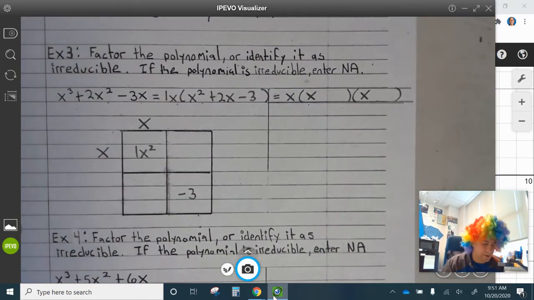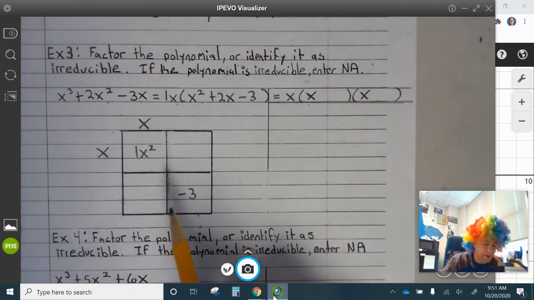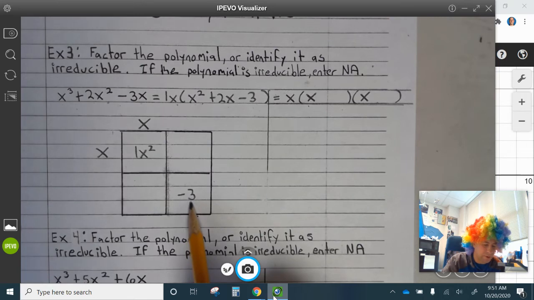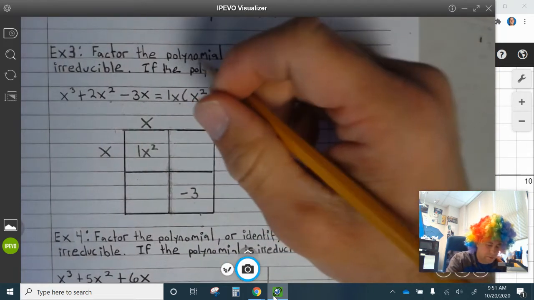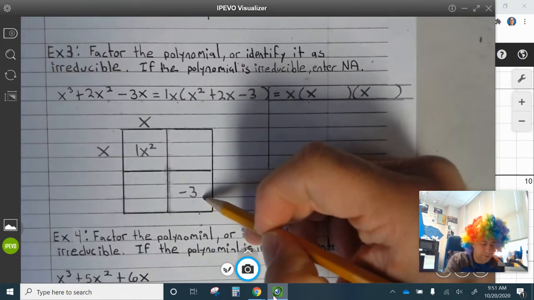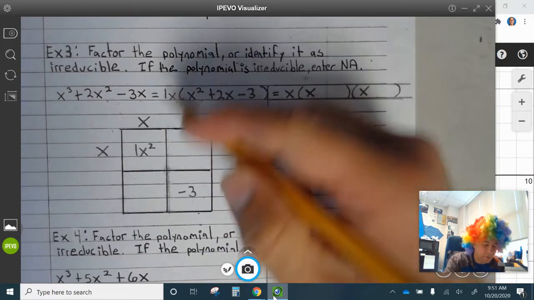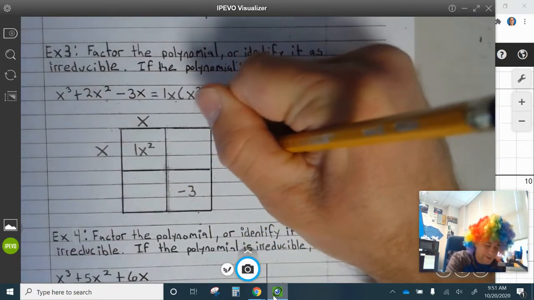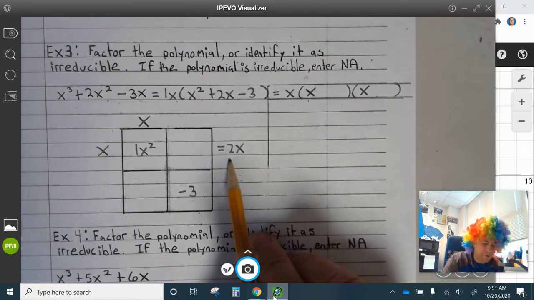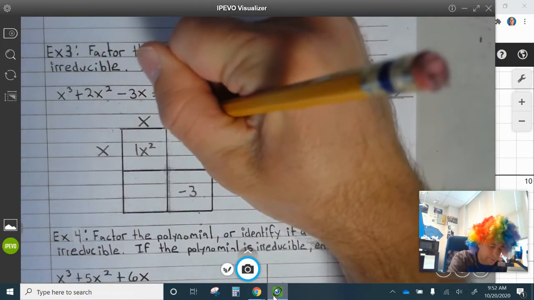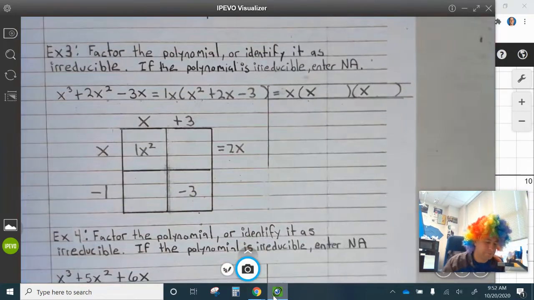Okay. Now we need to figure out what combination makes negative 3. Well, we know that 1 and negative 3 is our only combination, but we know the middle term has to equal 2x. Since this number is positive, the bigger number should be positive. So let's try x plus 3 and x minus 1.